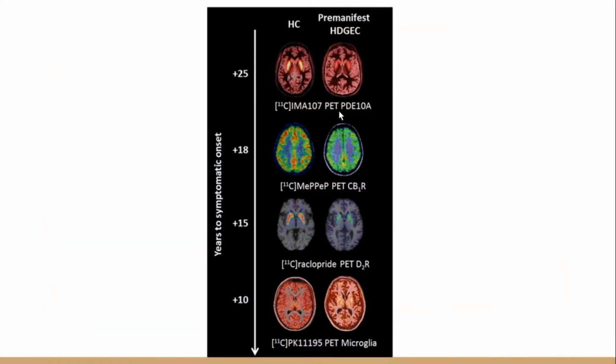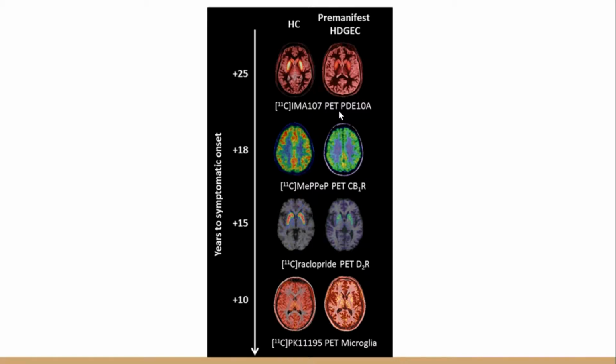Another macroscopic feature of the HD brain has been identified through the delivery of radioactive tracers followed by PET. In this technique, a radioactive drug that binds to a specific receptor is injected into the patient, and the resulting radioactivity is measured in a PET scan. Using this technique, various alterations in gene expression have been found far before symptoms ever appear.